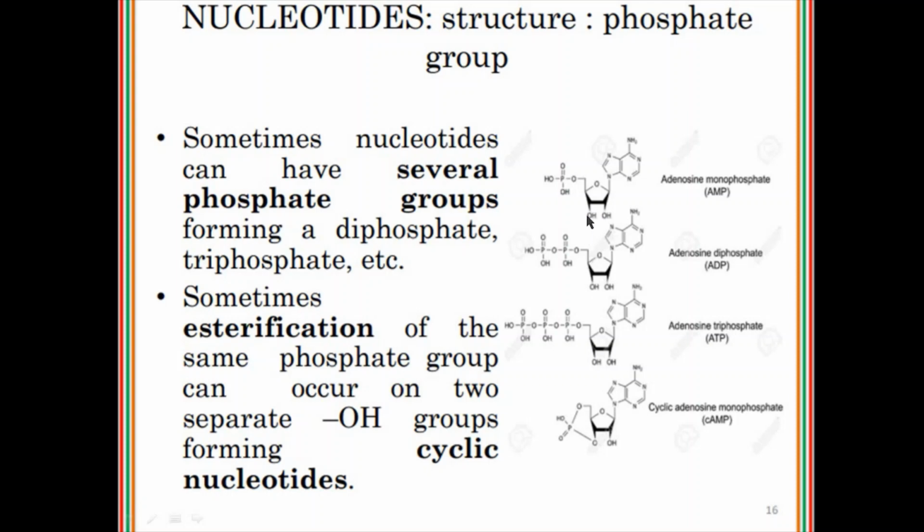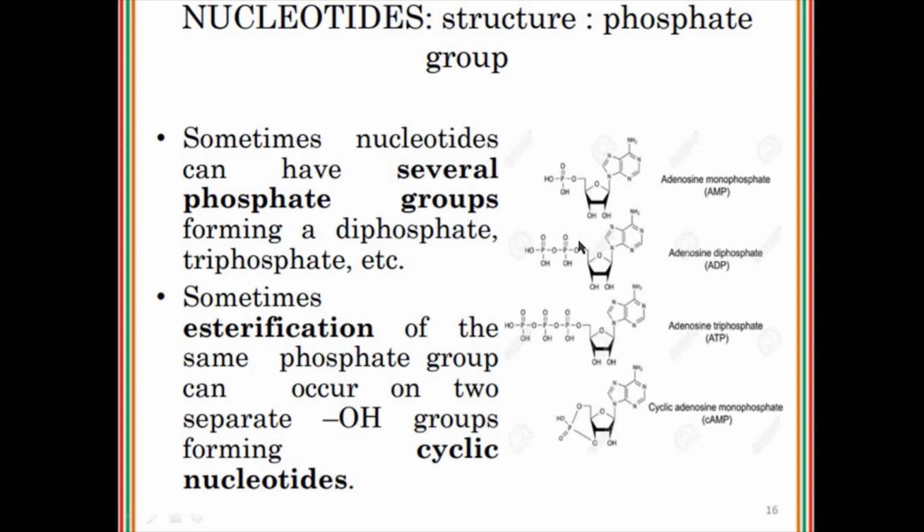If this is nucleotide number 1, adenosine monophosphate, and this is nucleotide number 2, adenosine diphosphate, and we want them to bond together to form a chain, the phosphate group of nucleotide number 2 is going to bond at carbon number 3 of the sugar of nucleotide number 1.